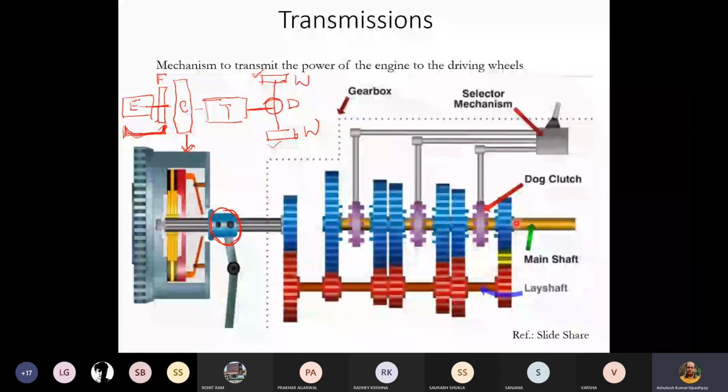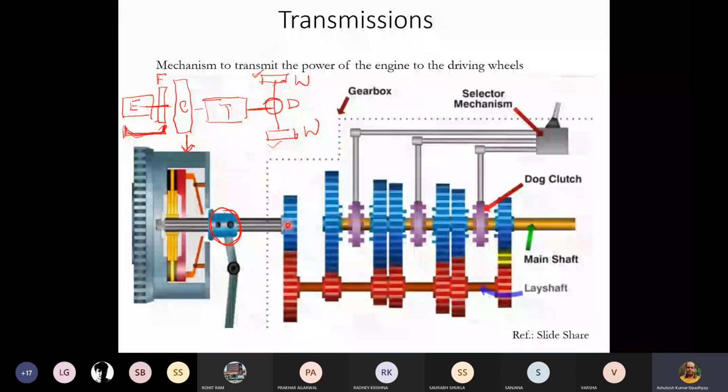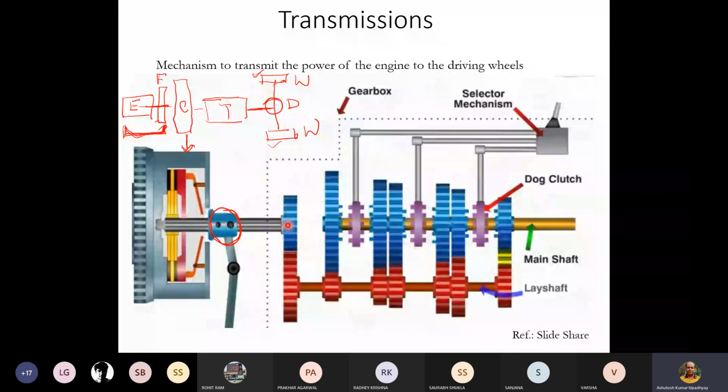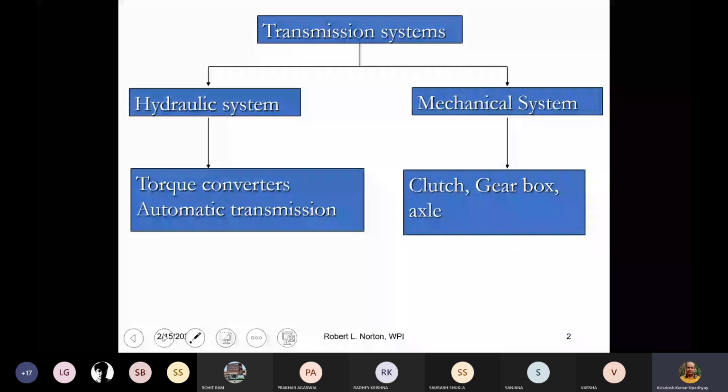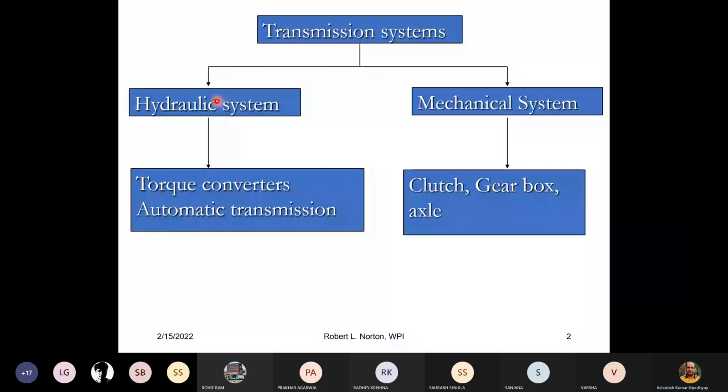We'll be talking about this one later on because this is the constant mesh. We'll start with, of course, the basic one, the initial manual gearboxes, whatever we have. So we'll start from there. If you see in our transmission system, we are using either the hydraulic system or the mechanical system.